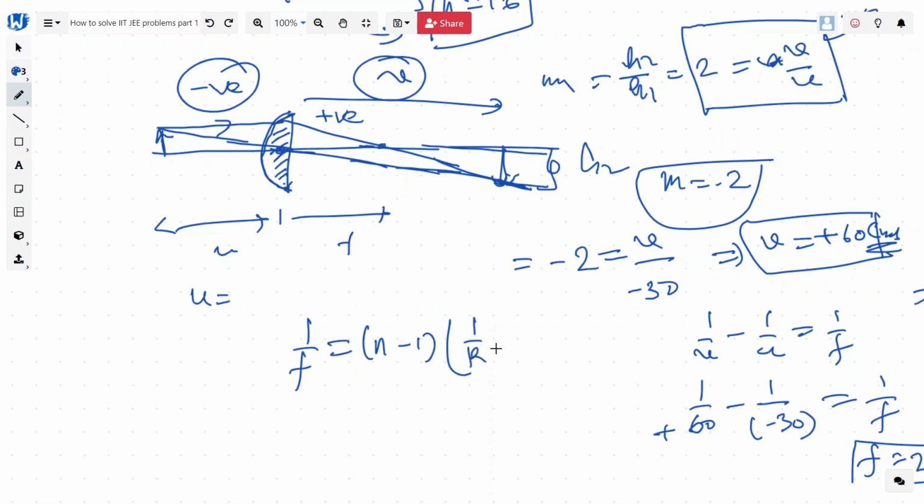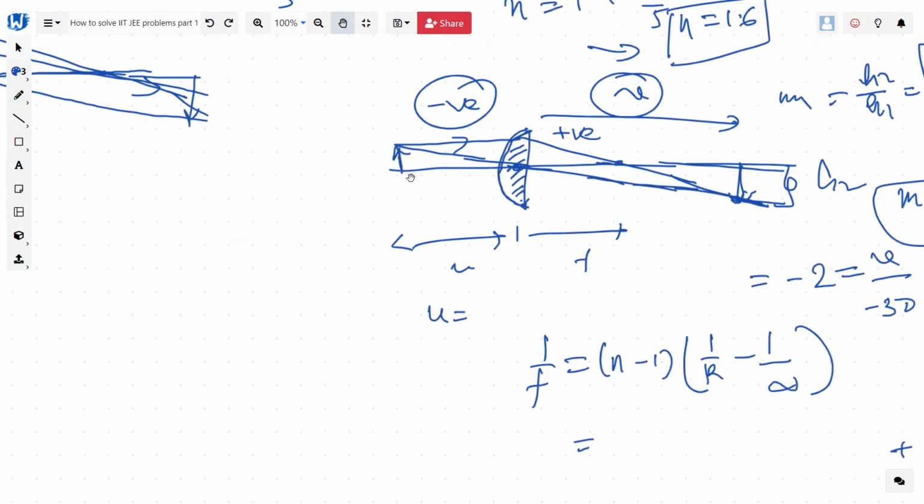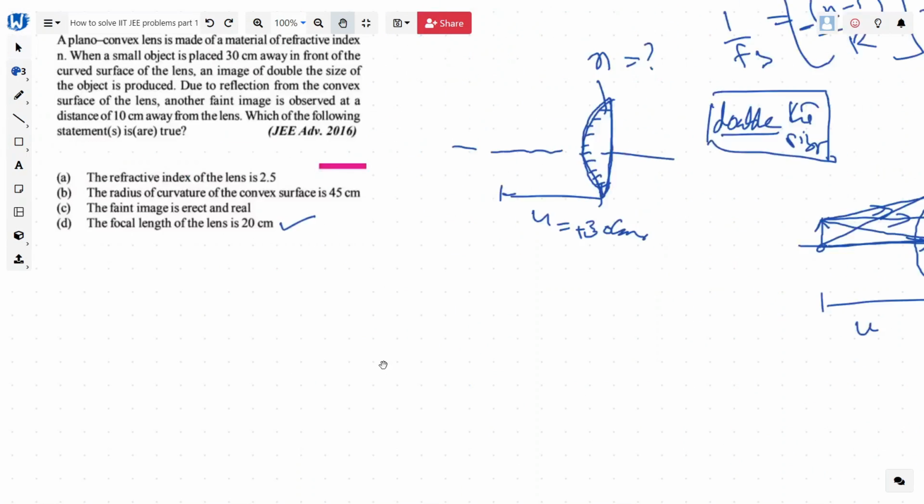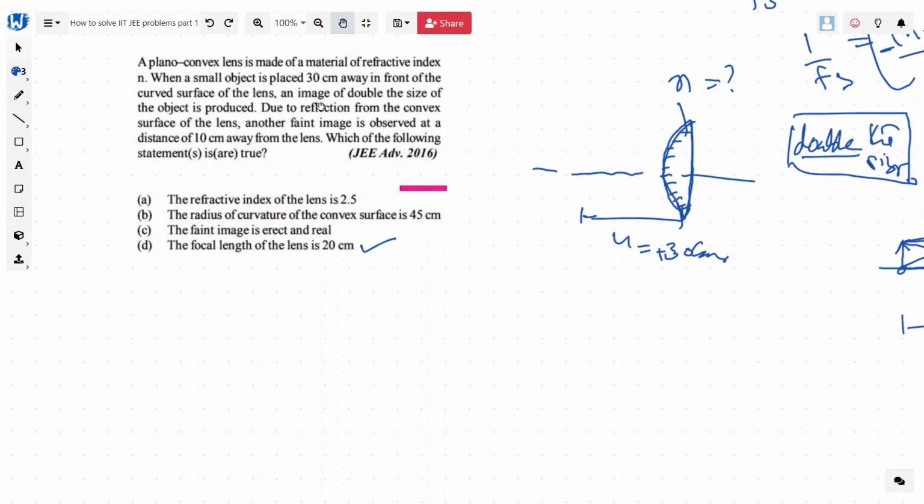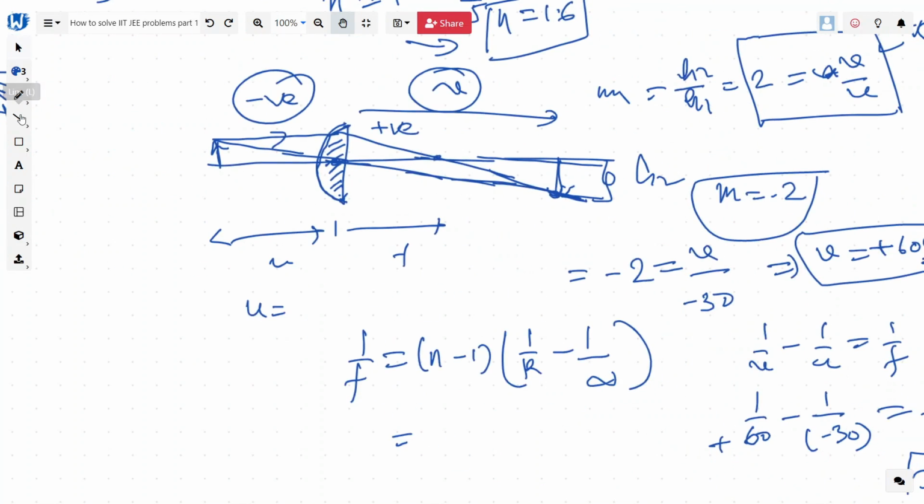The second surface is infinity, that's gone. Now let's see where we get from here, right? So can we find this? 1 by F is 1 by 20, and it equals n minus 1 by R, right? We don't know n, we don't know R, but we have one equation at least.